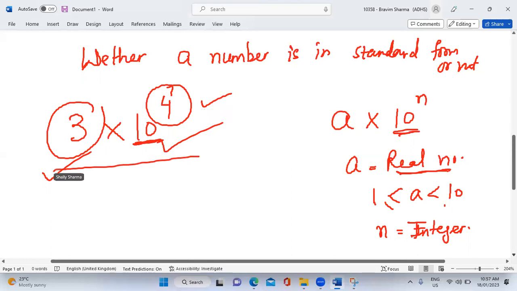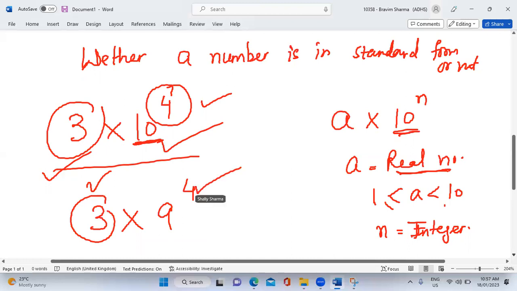This is correct. Now let's take another example. 3 times 9 to the power of 4. Here I check a, it is correct. Here I check this 4, this is correct. But here we have 9 and this is not allowed. We are always supposed to take the value 10 raised to the power of anything.